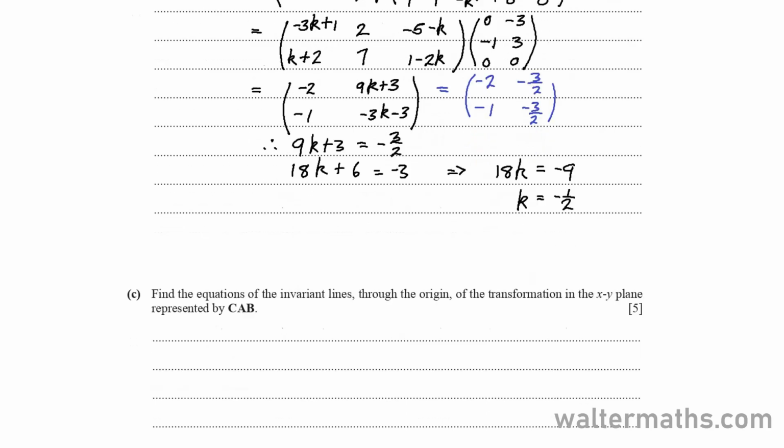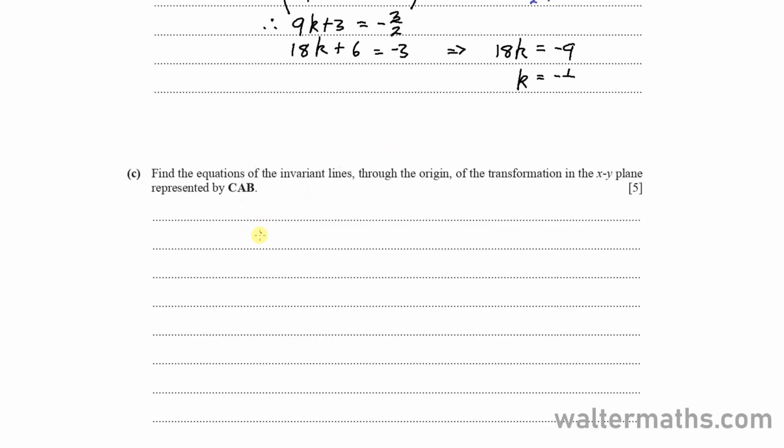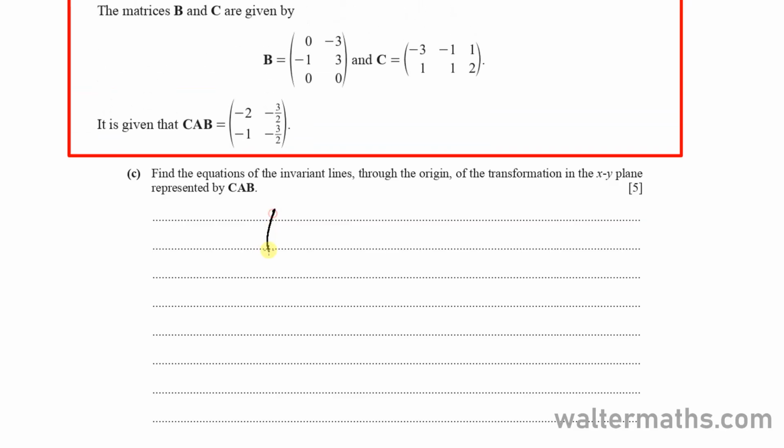Let's go on to part C. Find the equations of the invariant lines through the origin of the transformation in the xy plane represented by CAB. Okay, so here for the invariant lines, we're going to say the matrix CAB, which is [-2, -3/2; -1, -3/2], multiplied by (x, y), will give us the image (x', y').